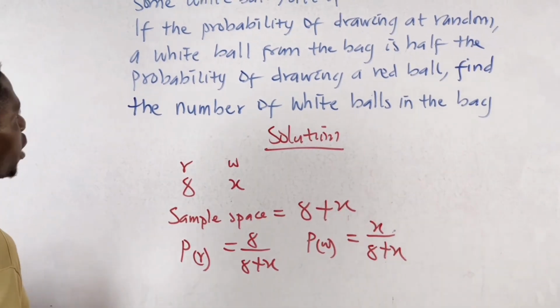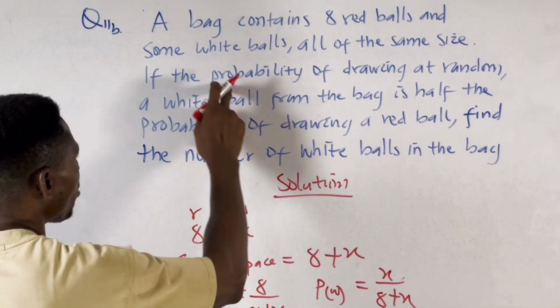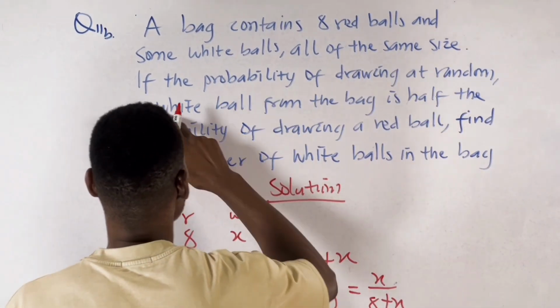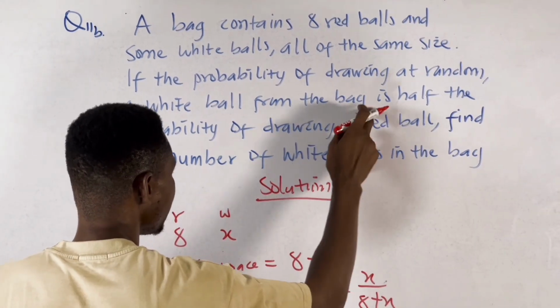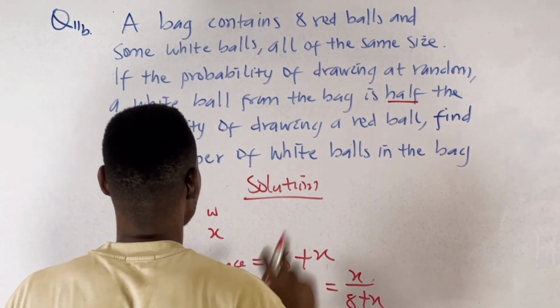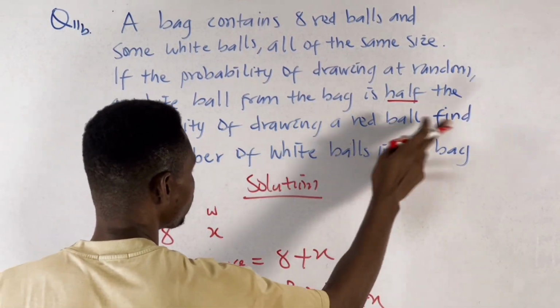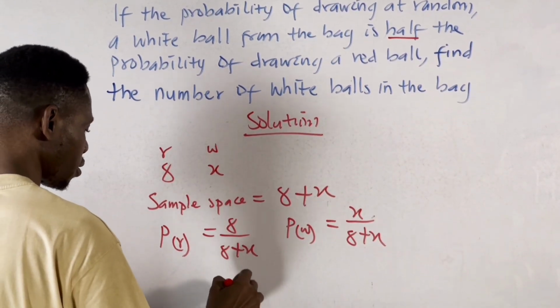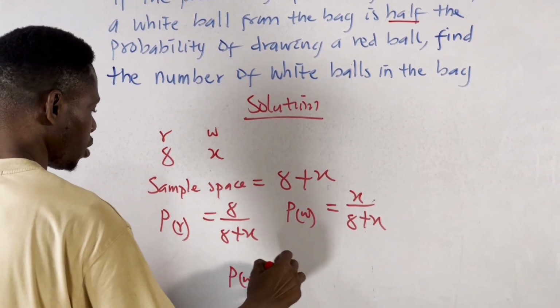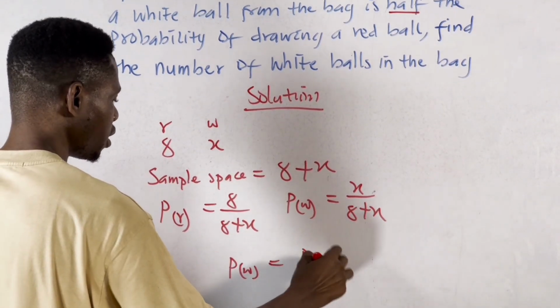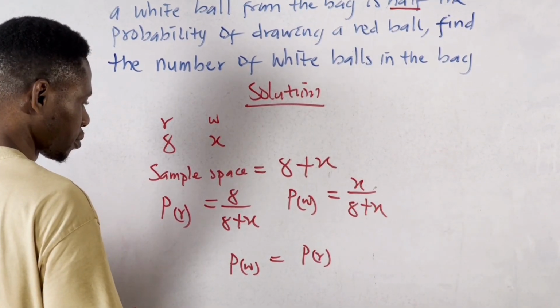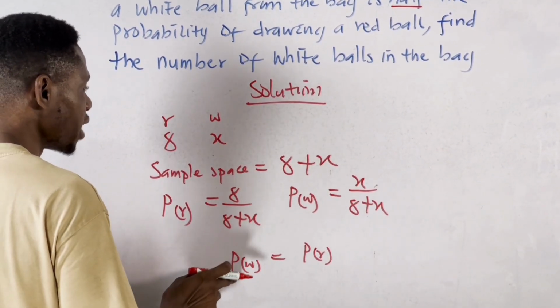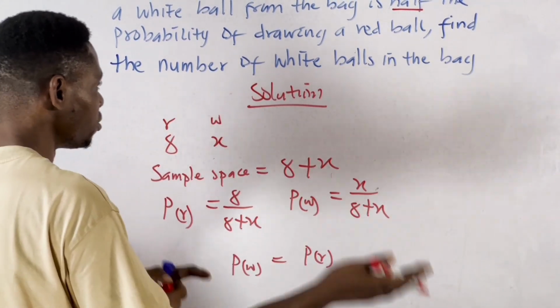Now the question says that if the probability of drawing at random a white ball from the bag is half the probability of drawing a red ball from the bag, so probability of picking white equals half the probability of picking red.